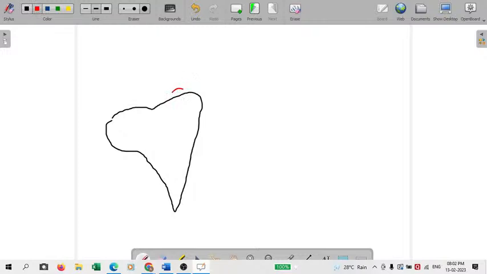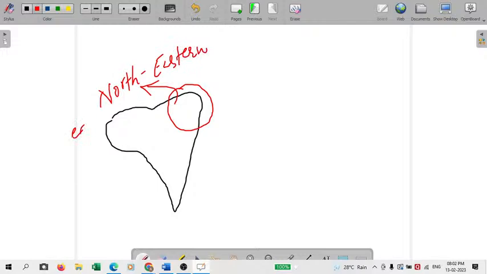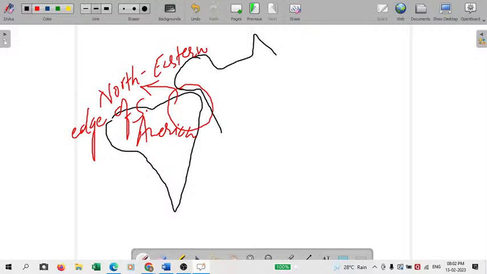The northeastern edge of South America, I'm so sorry, seems to be fitting into the western edge of Africa.